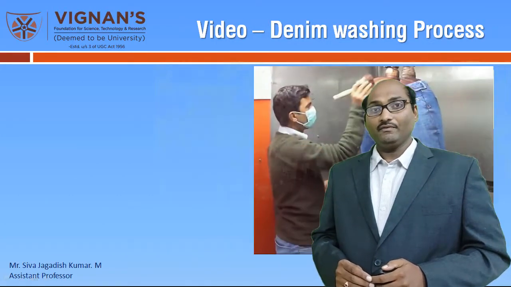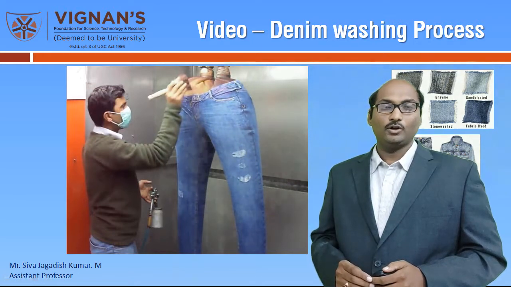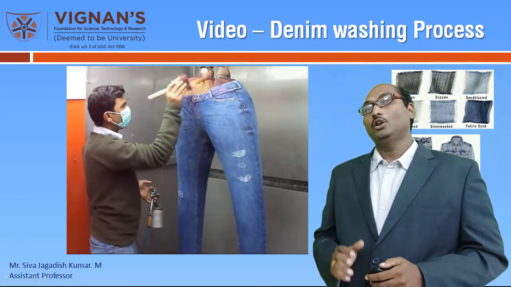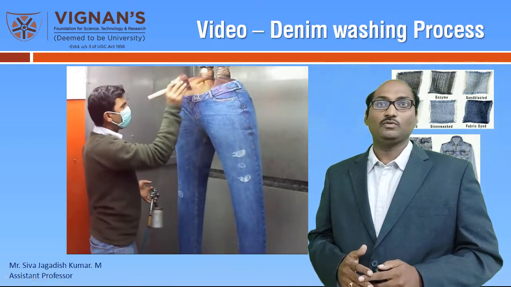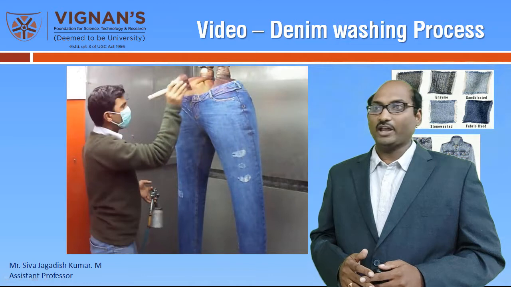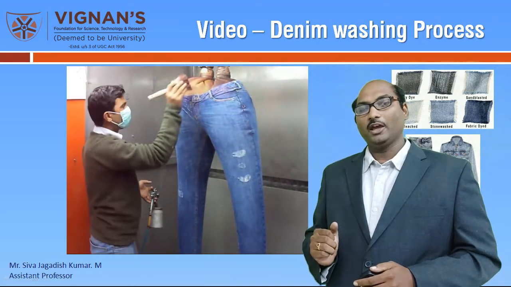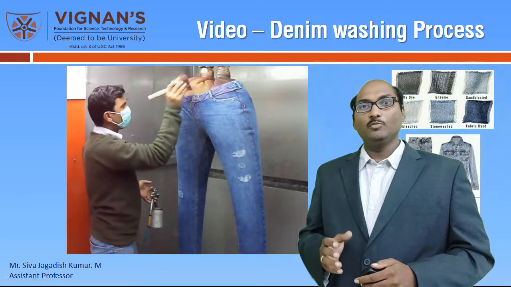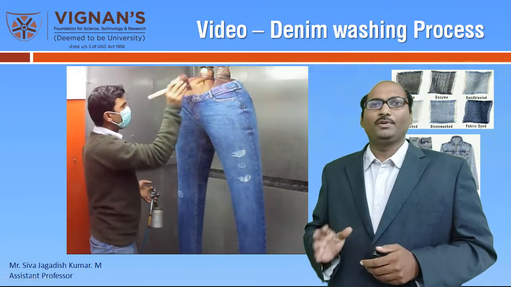So denim is one where basically the trickle-up theory will be followed. So the vintage look or the old look or used look is the one which is used. Sometimes we may deliberately stain the denim, sometimes we may damage the denim, remove or tear, and we will do so many things.